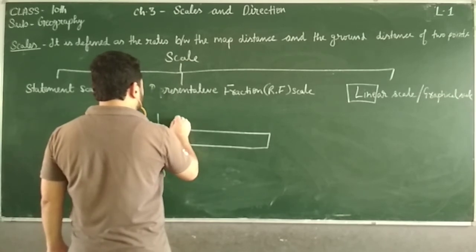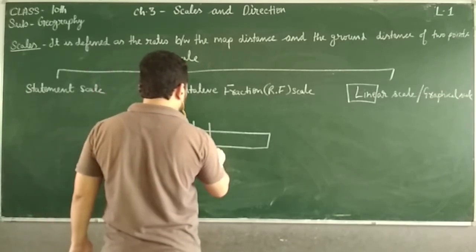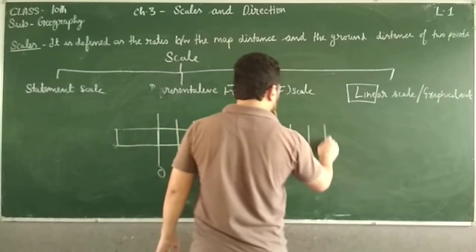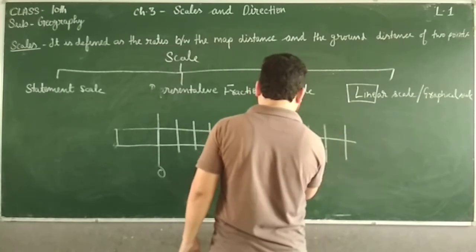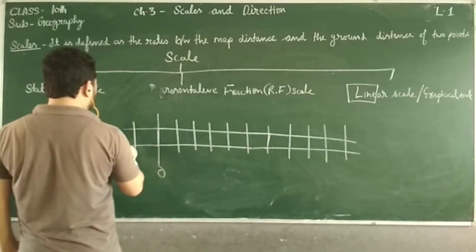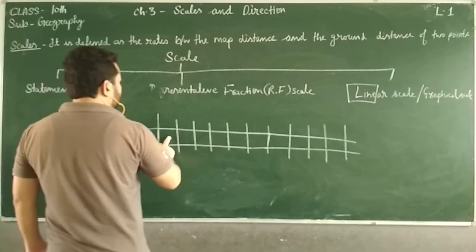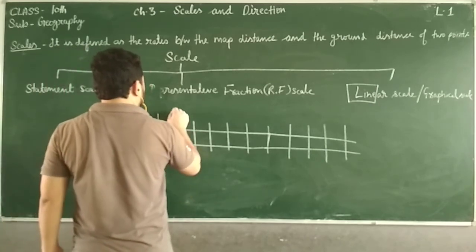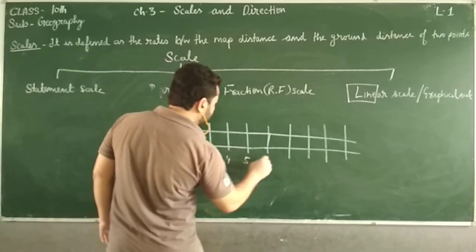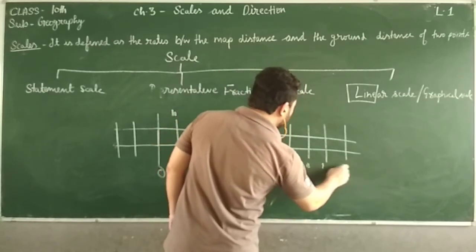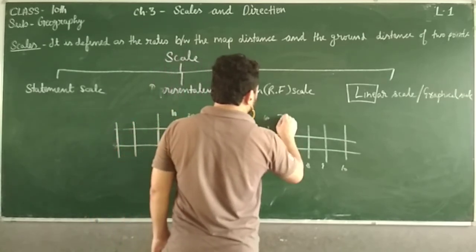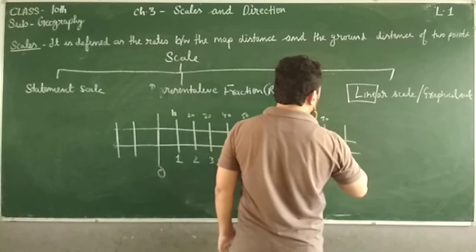Here it may be like this: 1, 2, 3, 4, 5, 6, 7, 8, 9, 10, like this it may be. Clear? And here 1 and 2. Suppose here it is written as 10, here written 1, 2, 3, 4, 5, 6, 7, 8, 9, 10, and here they may write 20, 30, 40, 50, 60, 70, 80, 90, and 100.